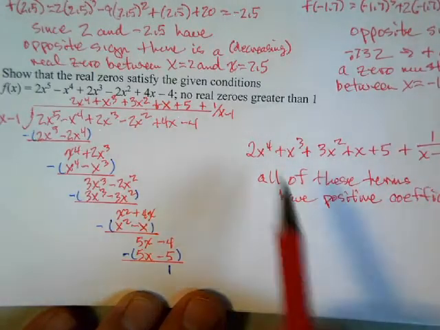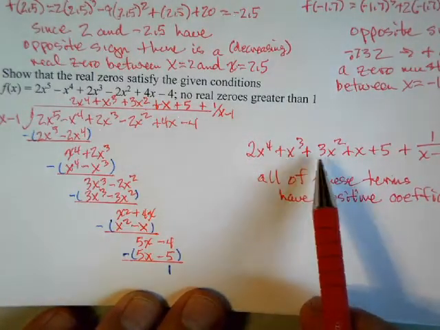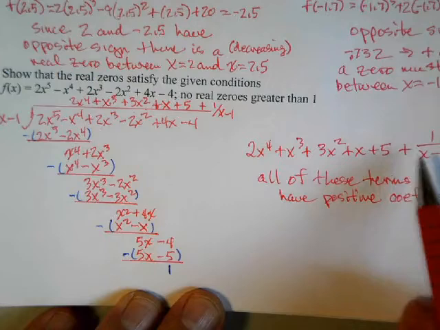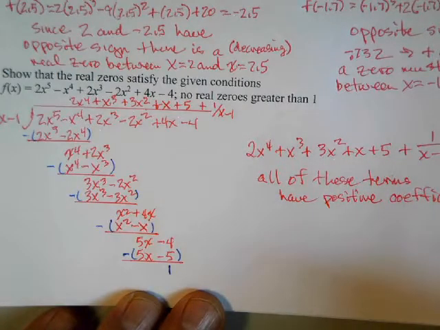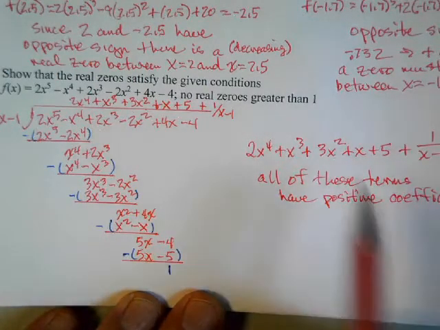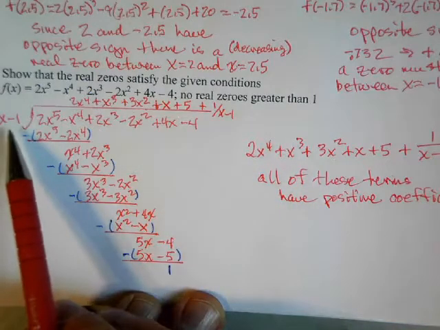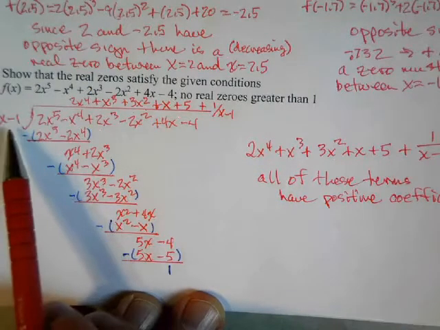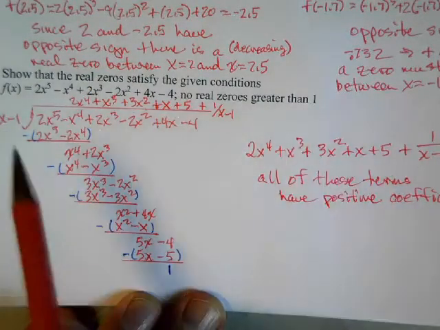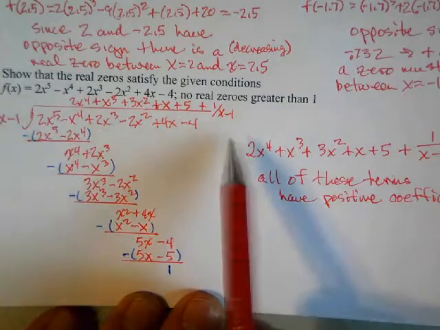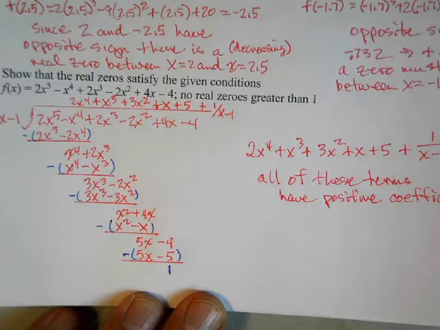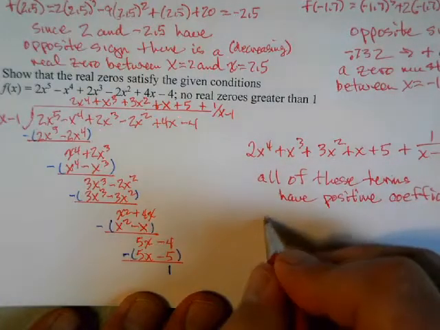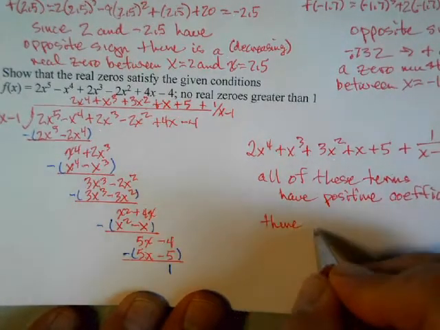Basically what the boundedness theorem says is if that happens, if we've tested whether or not we have a 0 at 1, well, we got a remainder, so that's not a 0. But because those all came out positive, that also tells us there are no real zeros greater than 1.